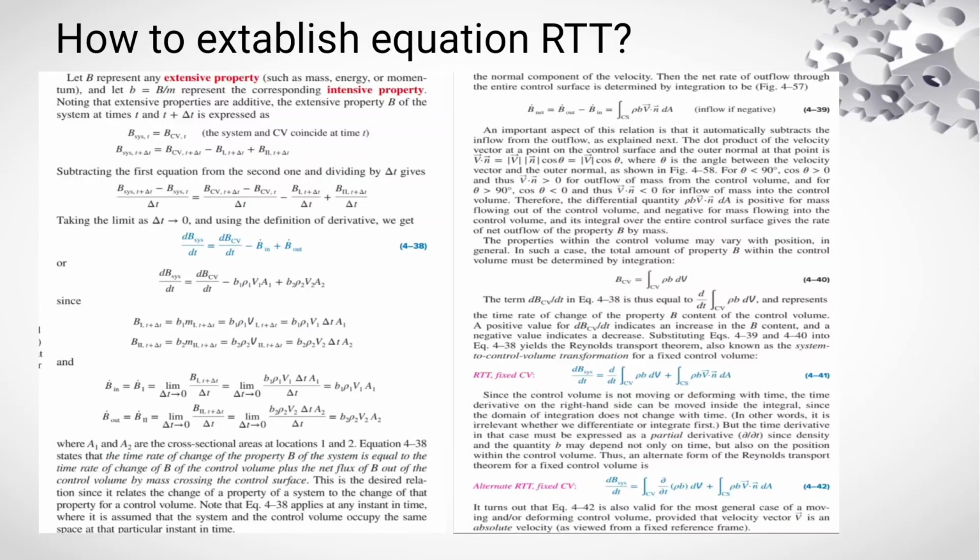Equation 4.41 is about the RTT for a fixed control volume. The RTT, also known as the system to control volume transformation for a fixed control volume, is dB system over dt equals dB over dt. Next, equation 4.42 is the alternate form of the Reynolds transport theorem for a fixed control volume, which is the integral of rho V B dot n dA.